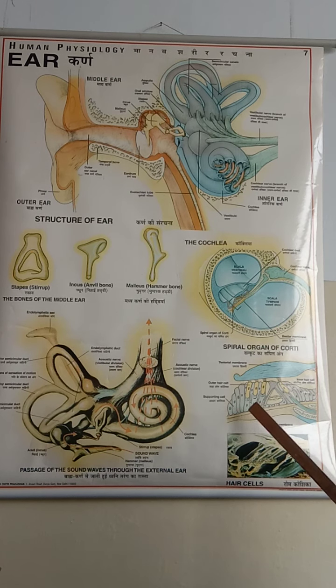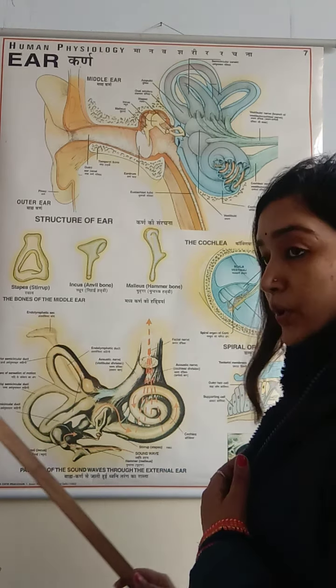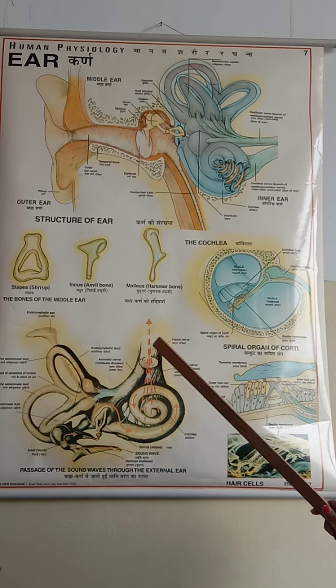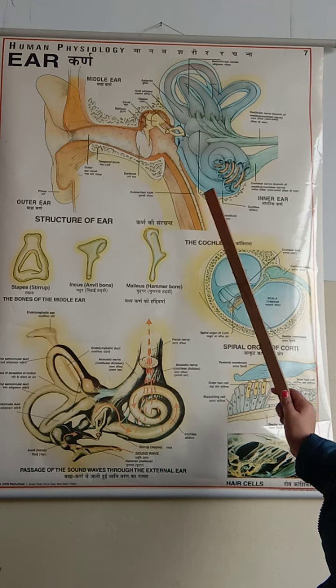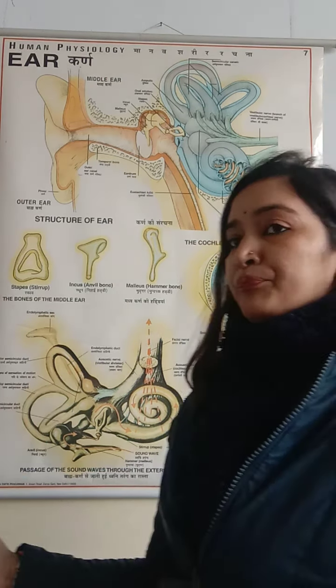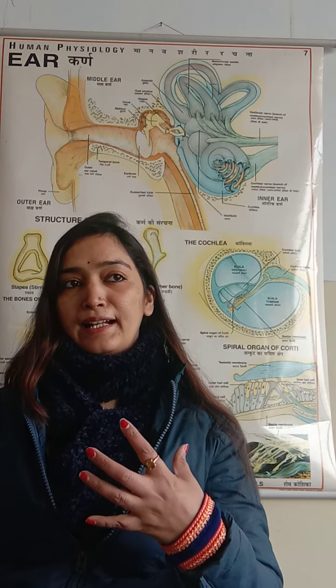In the basilar membrane there are some supporting cells and some hair cells that help to enhance the sound waves. Also you can see there is a Eustachian tube as well. This Eustachian tube connects our throat, ear and eyes.